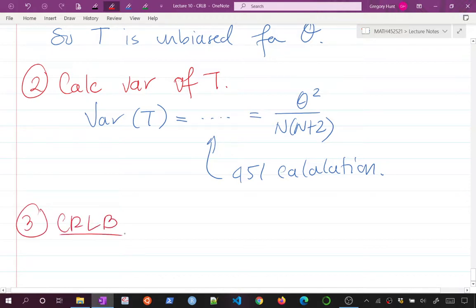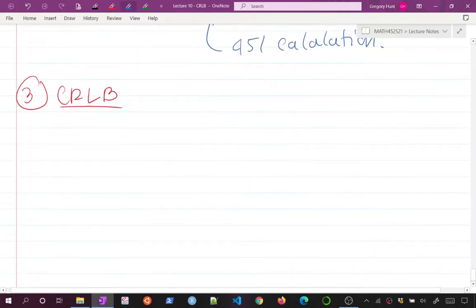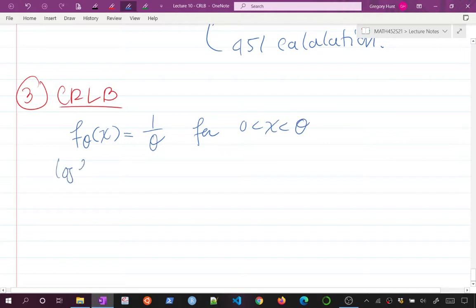Okay, so step 3 is the CRLB. Let's go through the steps. f theta of x is 1 over theta for 0 less than x less than theta. So log f theta is negative log theta. Now I ignored the support earlier, maybe I can ignore it now.